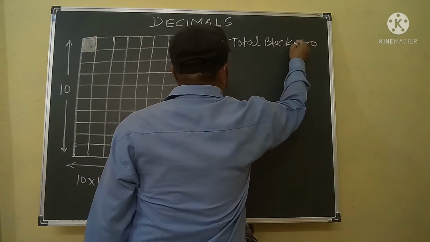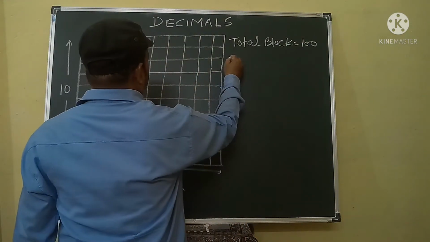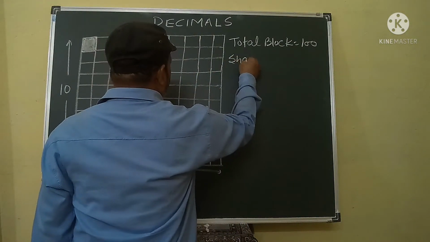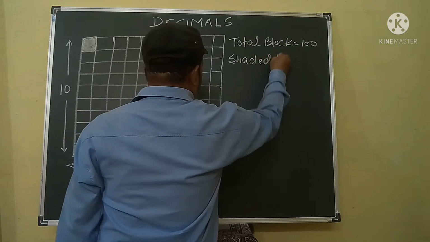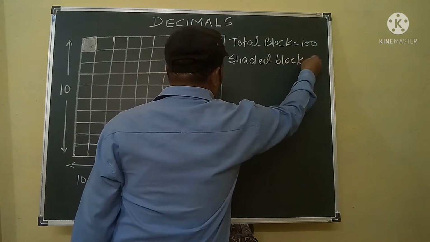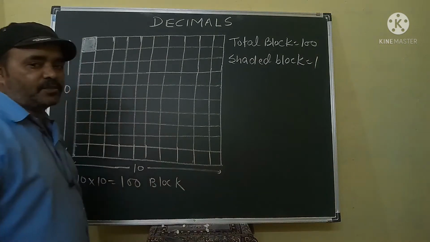Total blocks 100, and shaded block is 1.